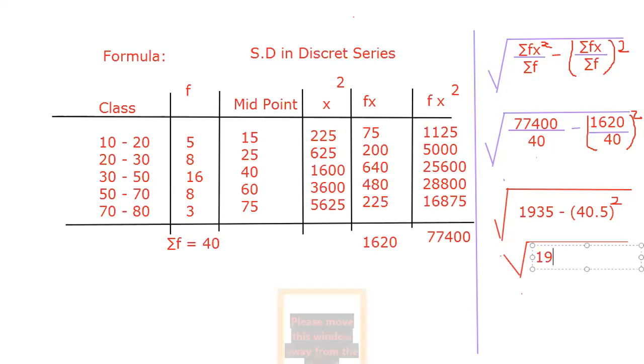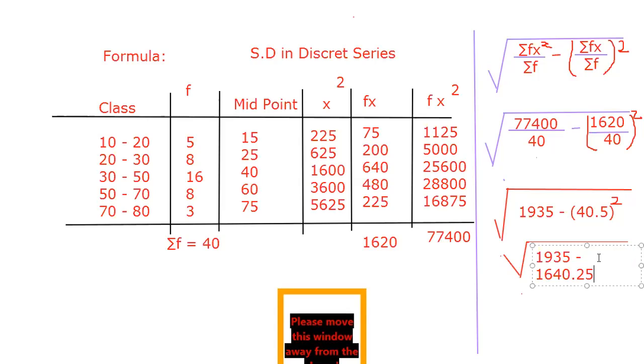1935 minus 40.5 square, which is 40 into 40, that is 1640.25.